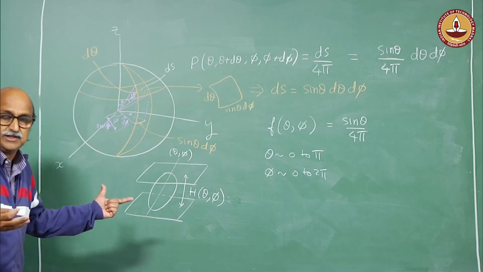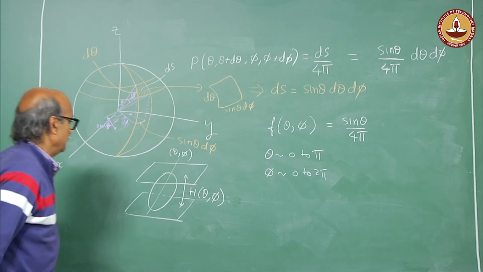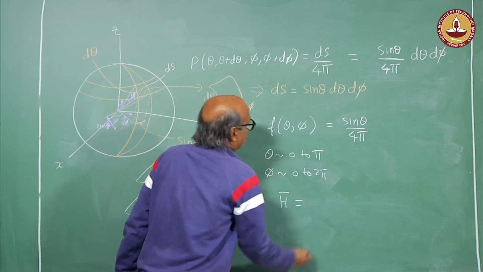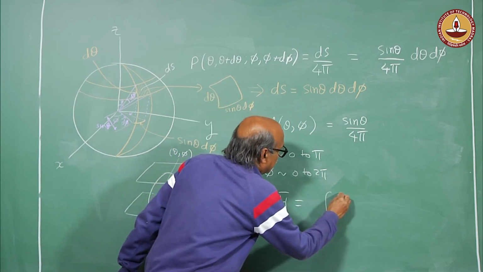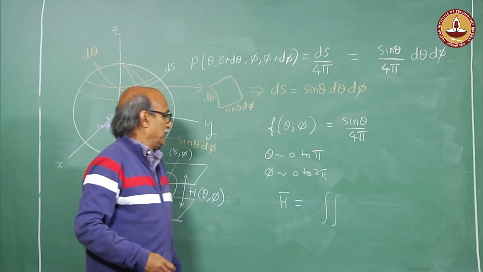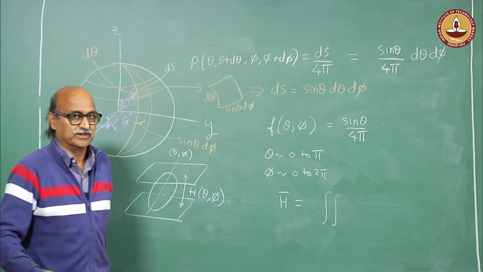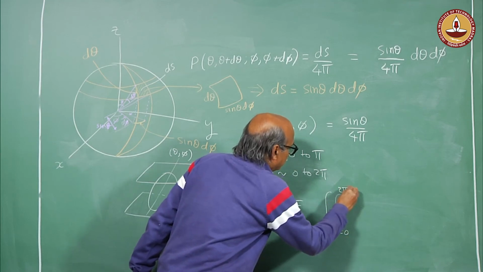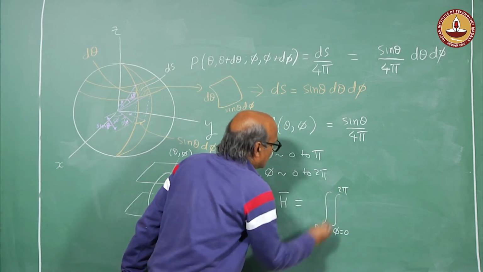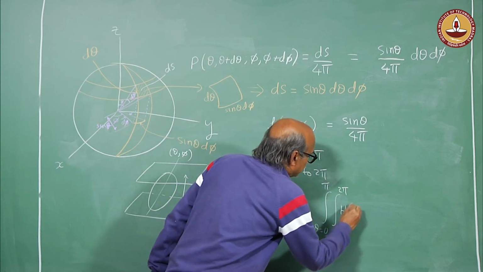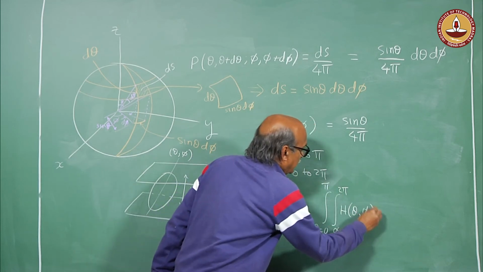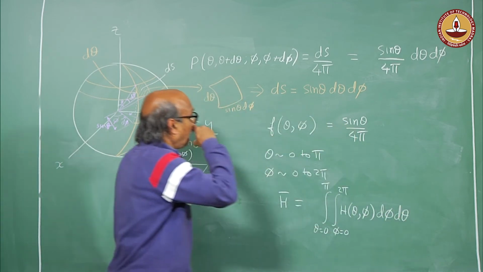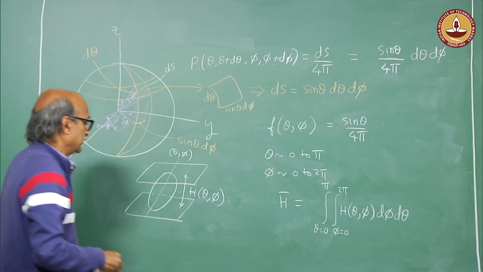And if I want to get the mean tangent diameter h bar, then I will have to integrate over phi as well as theta. So, phi going from 0 to 2 pi, theta going from 0 to pi, h theta phi d phi d theta. Okay.